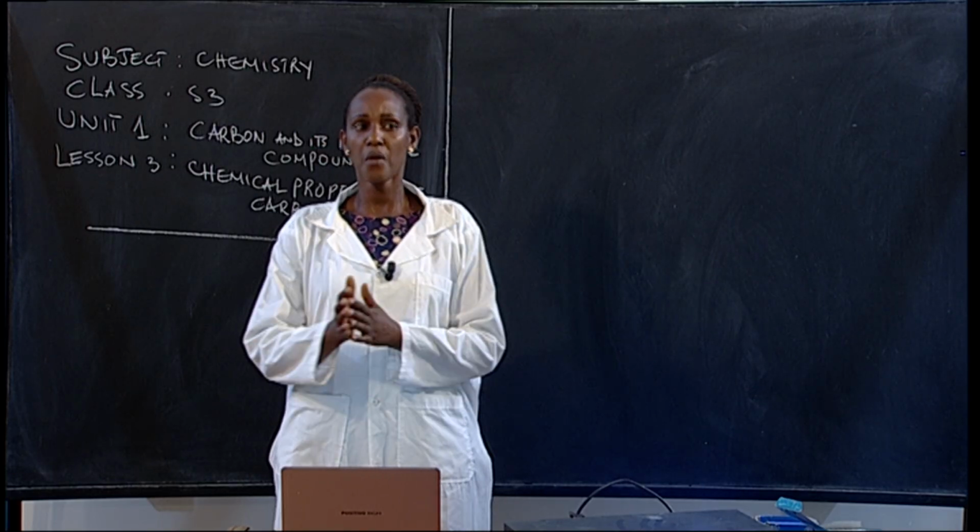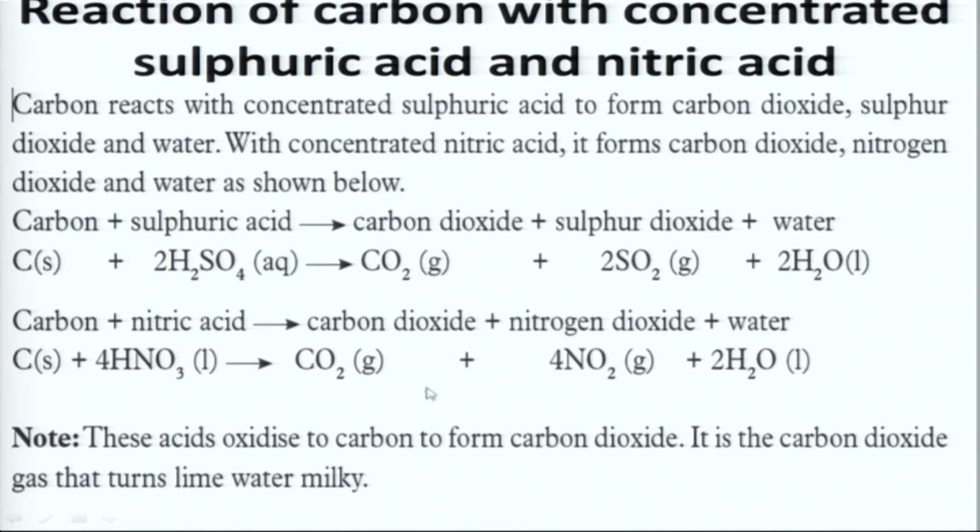So the next is the reaction of carbon with concentrated sulfuric acid and nitric acid. Remember in Senior 1, we talked of sulfuric acid and nitric acid as strong acids. So we are seeing how these strong acids behave when they come into contact with carbon.